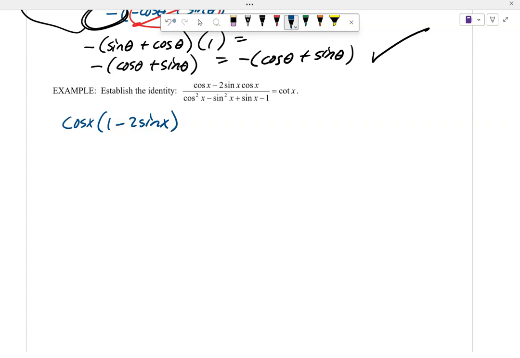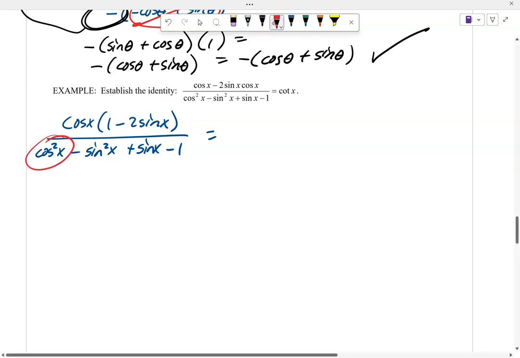And on the bottom, I have cosine squared minus sine squared plus sine minus 1. So let me write it. Cosine squared minus sine squared plus sine minus 1. Now what I'm going to do is replace cosine squared right here.